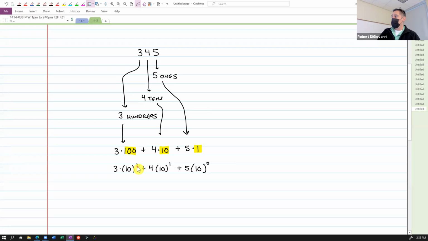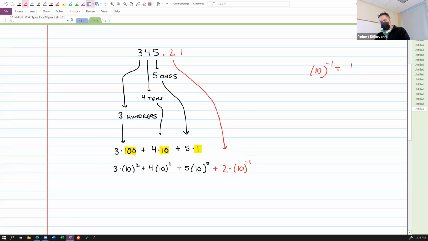Understood? Now, what if I add a decimal to this? 0.21. If we follow this same pattern, this should mean that we have 2 10 to the what powers? -1, right? Because look, 2, 1, 0, going backwards, this should be -1. But what is 10 to the -1? That's 1 over 10.